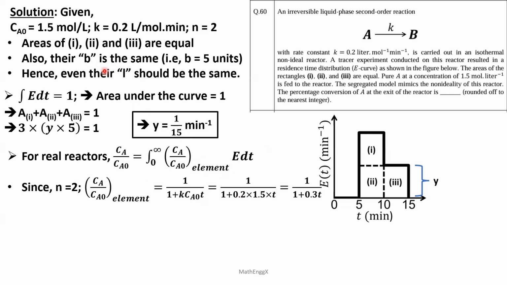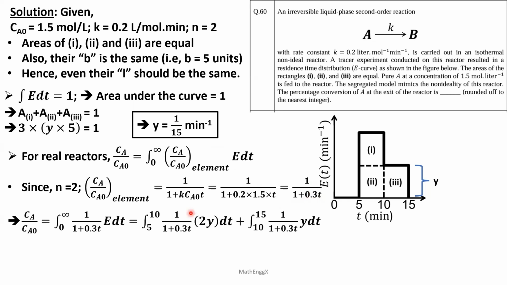On substituting the given values of Ca0 and K, we get Ca by Ca0 of the element as 1 by 1 plus 0.3 t. Substituting this expression in the expression for real reactors, we get Ca by Ca0 as the integral from 0 to infinity of E by 1 plus 0.3 t into dt.